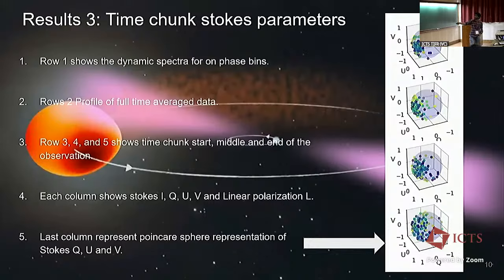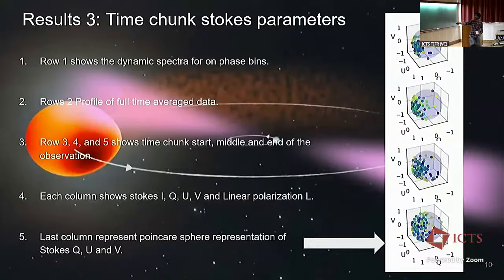Now, going back to the plot which has the spectra for each time chunk of 20 minutes, the fact which we observed first was that the polarization for the main component is always positive. There is no swap in the angle across the phase bins.